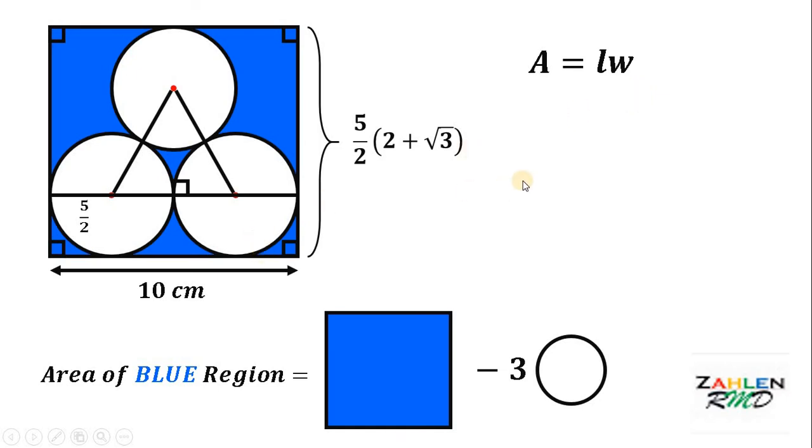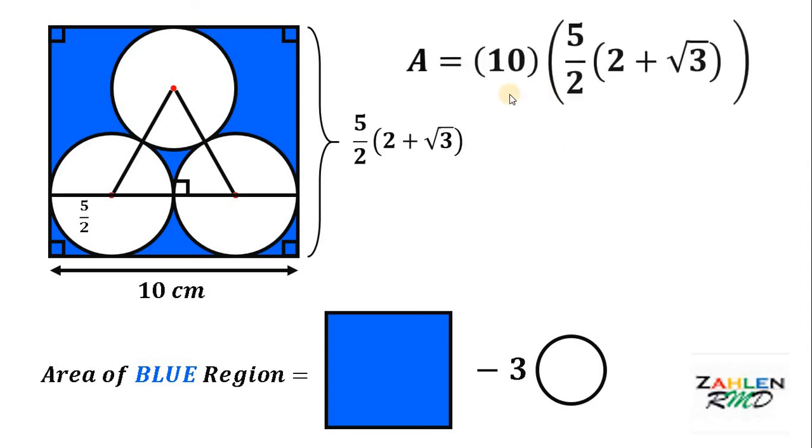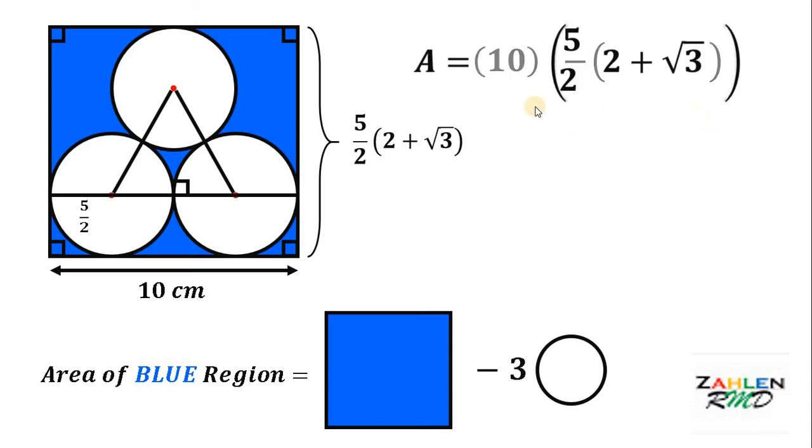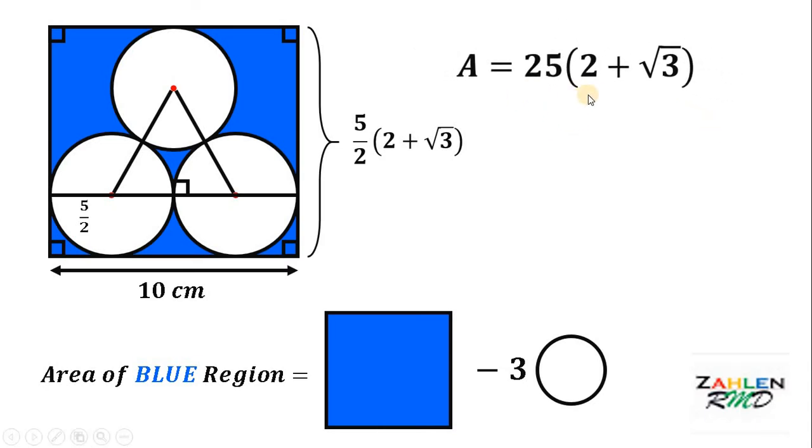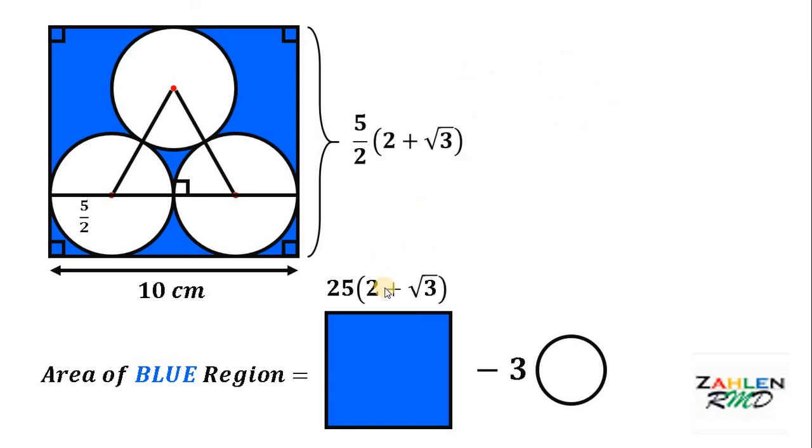We know the length and we know the width of this rectangle. We have 10 multiplied by 5 over 2 multiplied by 2 plus square root of 3. Now multiply and we get 25 multiplied by 2 plus square root of 3. Therefore, the area of the rectangle must be equal to 25 multiplied by 2 plus square root of 3 square centimeters.